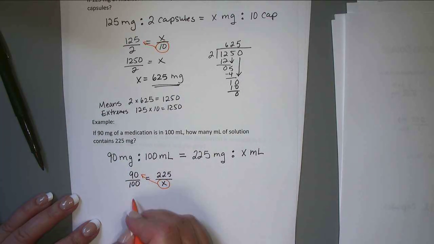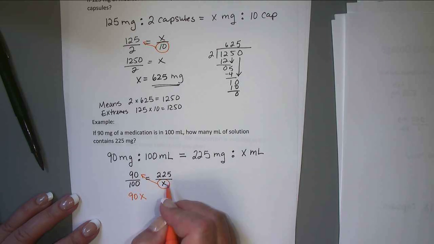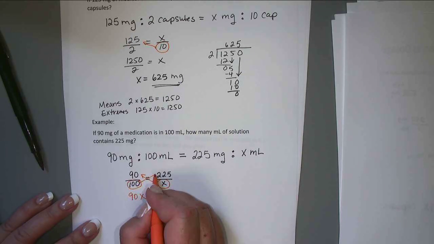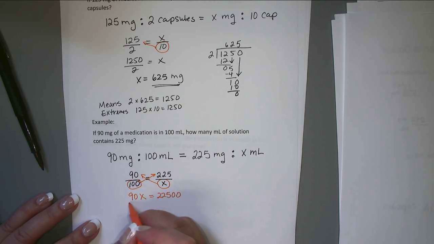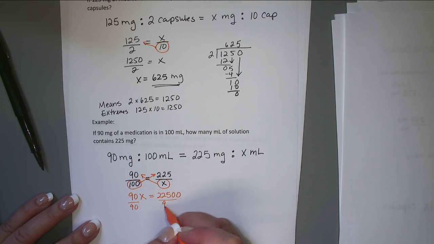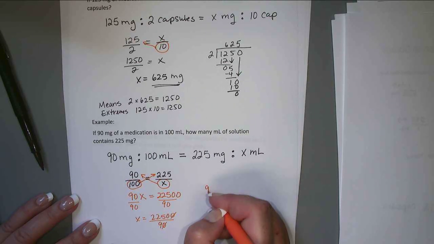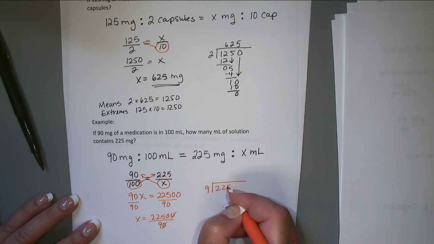We'll multiply that. 225 times 100. Divide both sides by 90. Okay, I'll cancel out that. 9 into 2250.